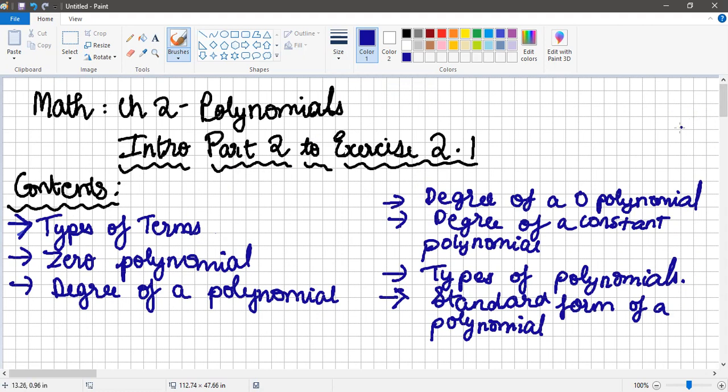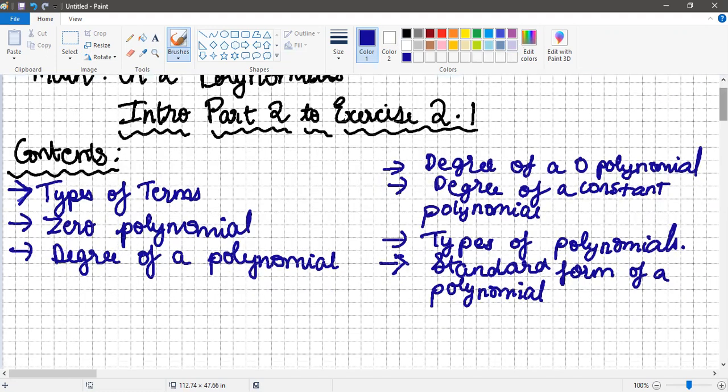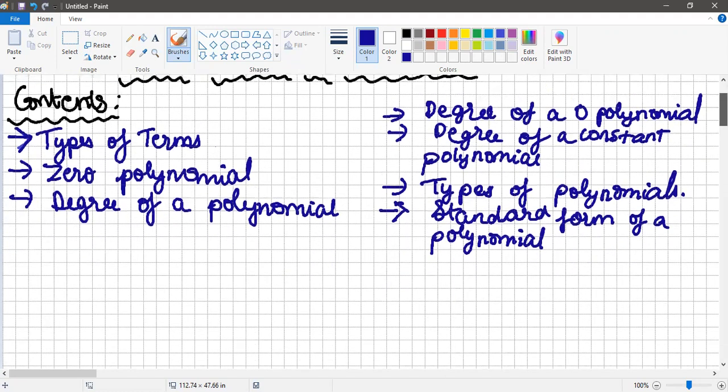In the previous video, we had introduction part 1 to this chapter, in which I brushed up the basics of algebra and algebraic expressions like constants, variables, terms, coefficients, and what a polynomial is, and how we identify whether a given expression is a polynomial or not. And I think this is all we did, or maybe there are 2-3 concepts which we further did as well. So let's start with this session without further ado.